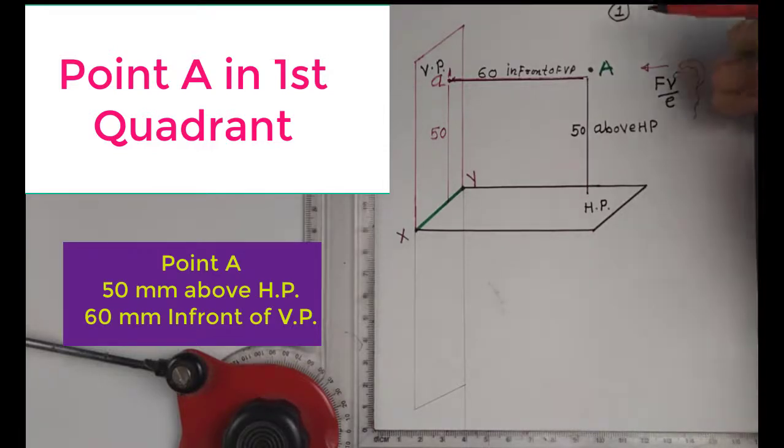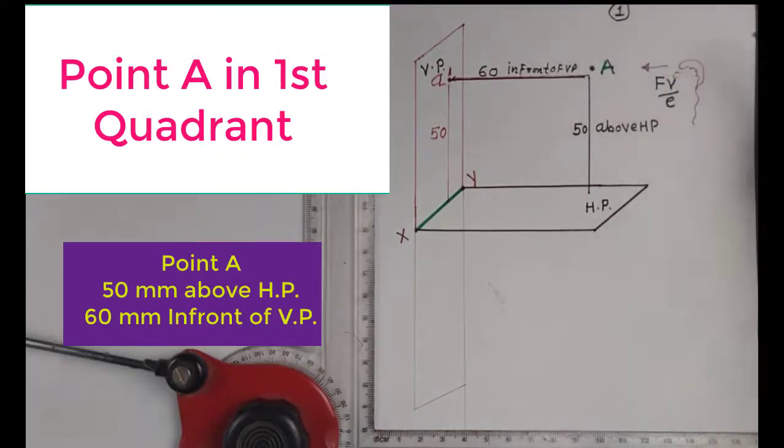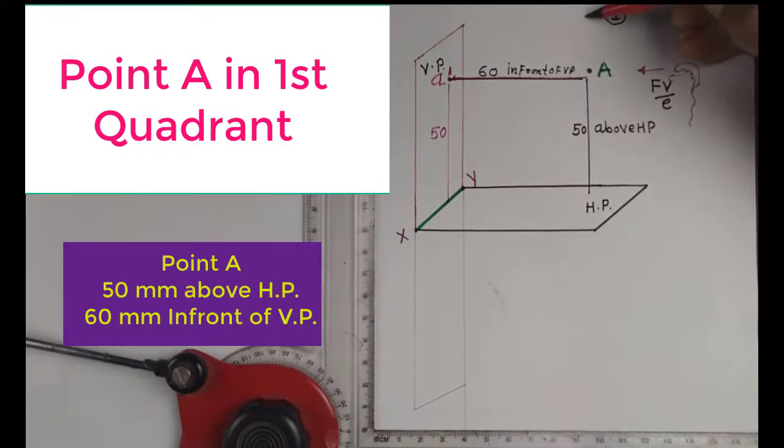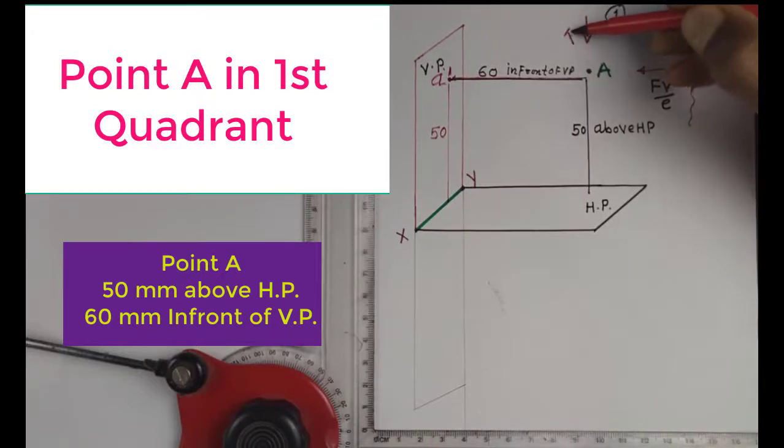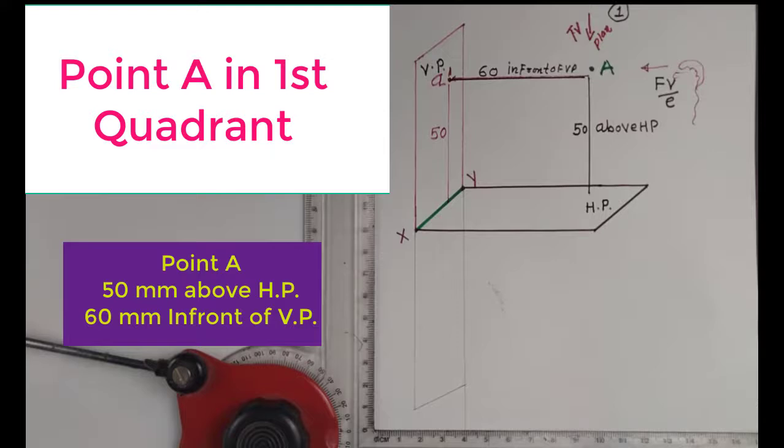Similarly, the observer changes place and sees the object from the top view. It is called the top view, or plan.